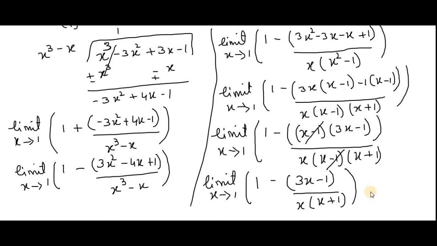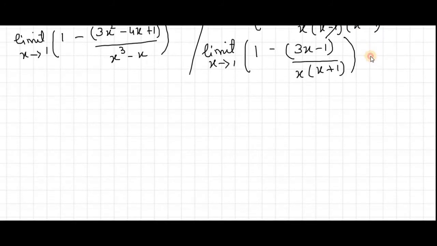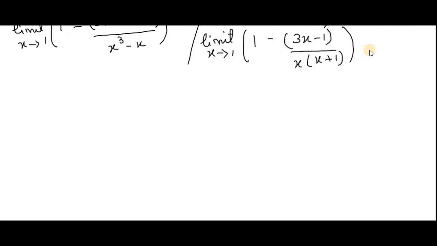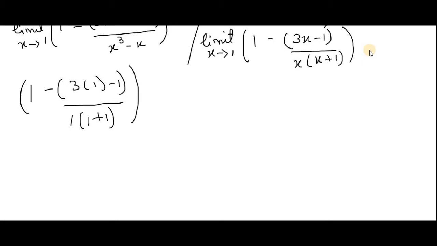Now we apply the limit here and see what happens. Applying the limit here, 1 minus (3 into 1 minus 1) over (1 plus 1), and simplify: 1 minus 2 over 2.